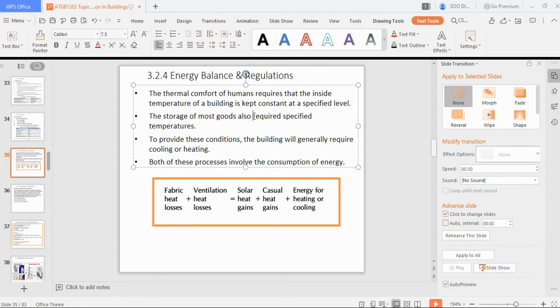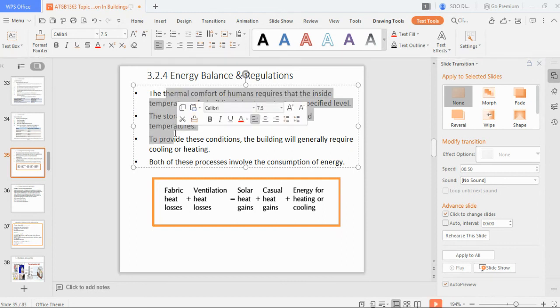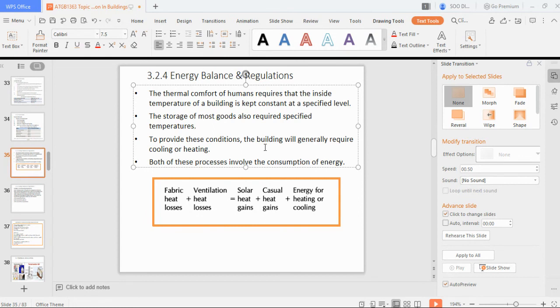Because temperature will always try to reach equilibrium, we want to ensure that the temperature being regulated in a room is at a very comfortable level.